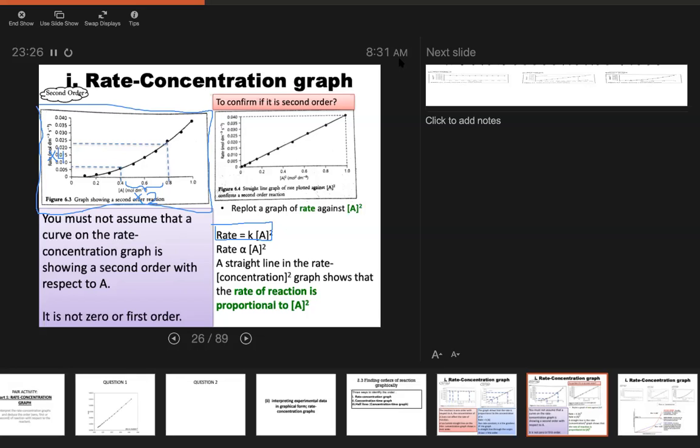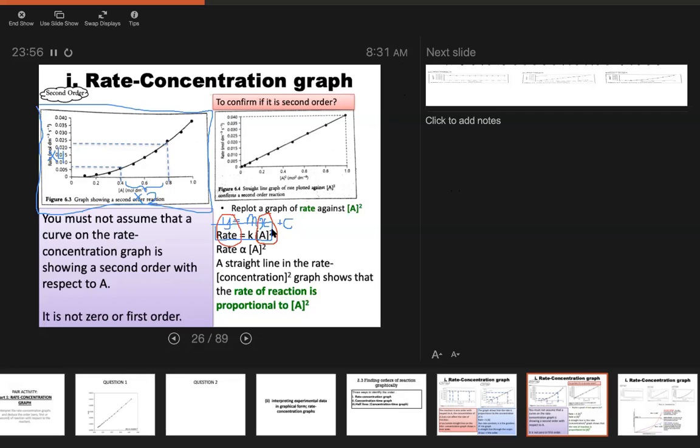For the same reason, this straight line comes from y equals mx plus c. Your y-axis is the rate, no problem with that. Now look at your x-axis. Your x-axis is now [A] squared.